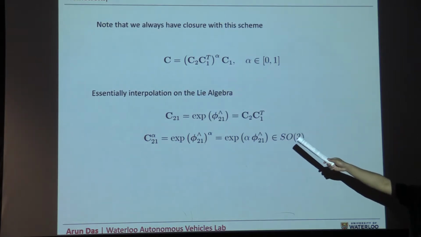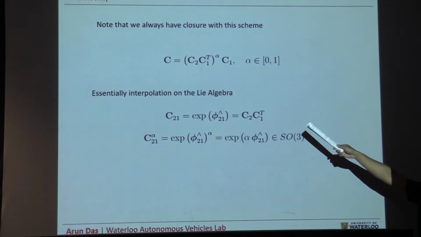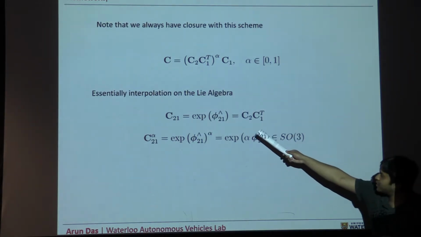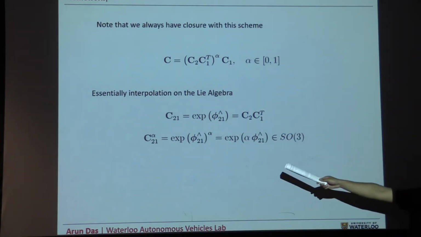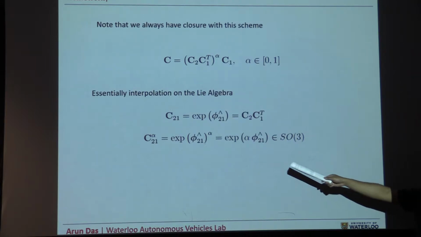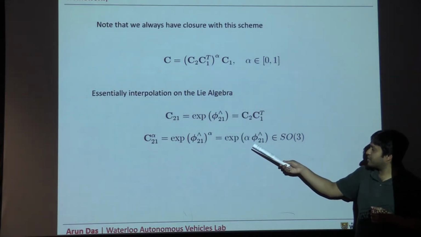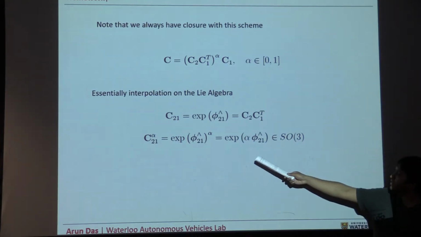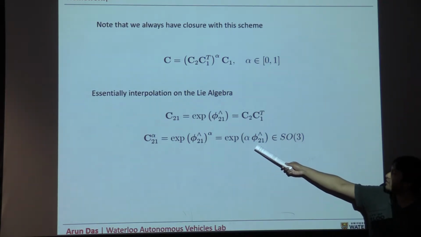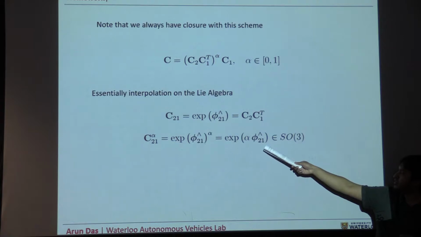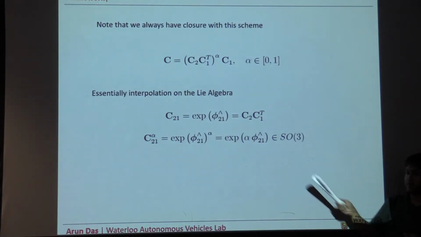So when we replace the inside of the bracket, C2 times C1 transpose, with this expression for C21, we get C21 raised to the power of alpha. Because this is an exponent, we can bring it down inside of the argument. And what do we end up with? We end up with the exponential map of some scaled version of the element in the Lie algebra that moves us between rotation matrix 1 and rotation matrix 2.